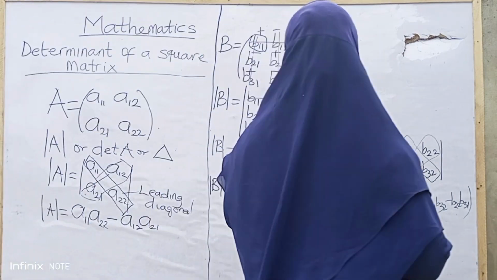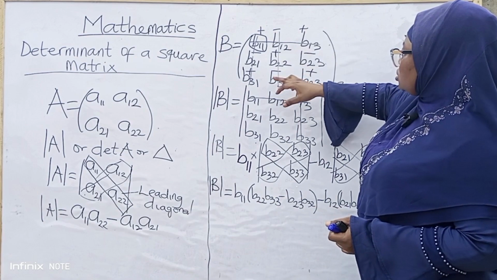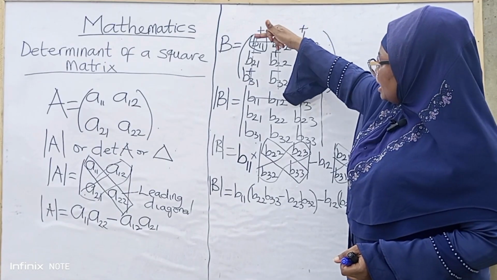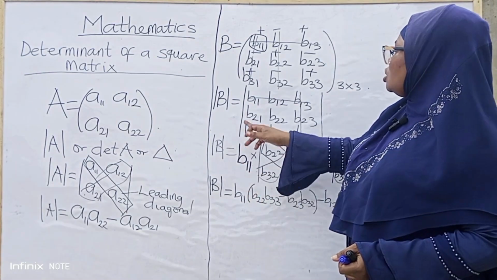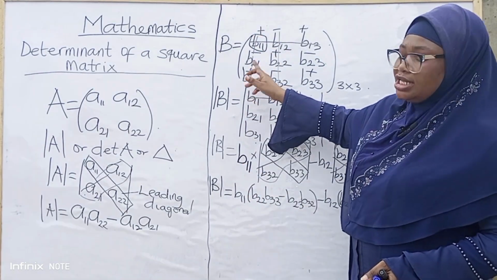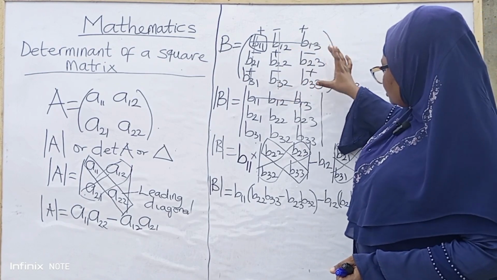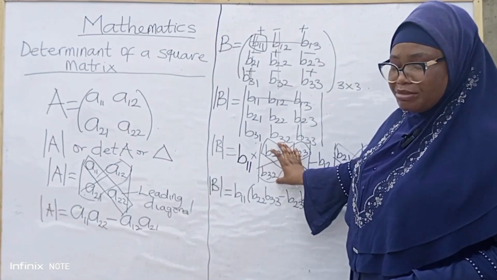To find the determinant of a 3 by 3 matrix, you put signs on top of the elements. Then you take the first element and write it out. You cover where it belongs vertically and horizontally. Whatever remains, you find its determinant.